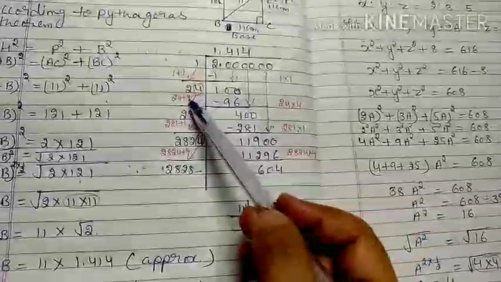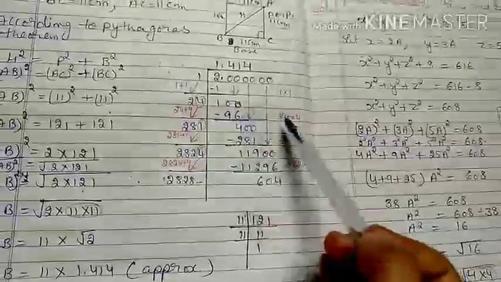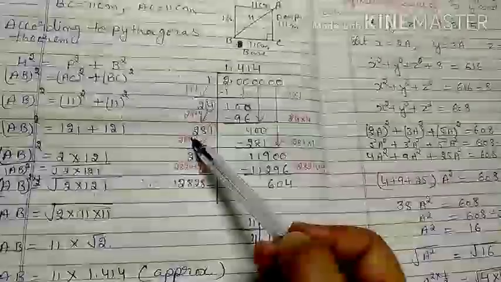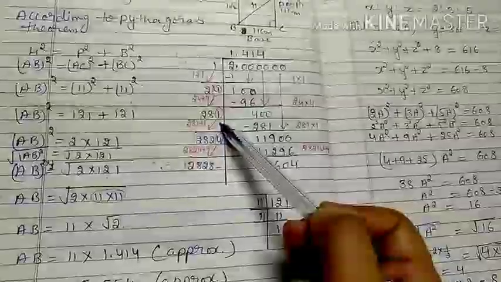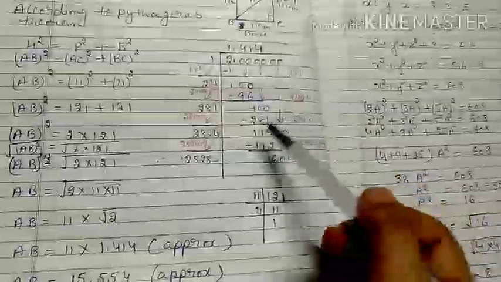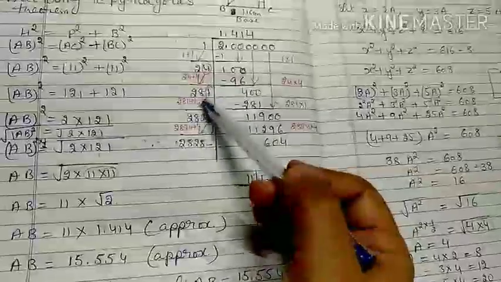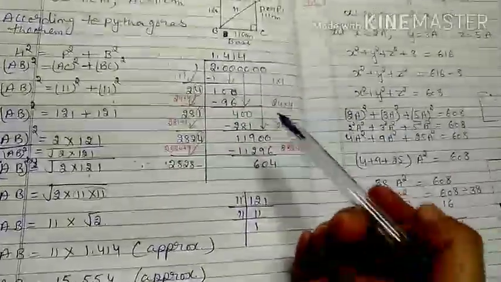So here 24 plus 4, for multiplication you write 24 into 4, and if you add 24 plus 4 that gives you the next divisor, that is 28, and make the space for the next digit, that is 1. Now 281 multiplied by 1 gives me 281, and when you add 1 that gives you the next divisor, make the space for the next digit.